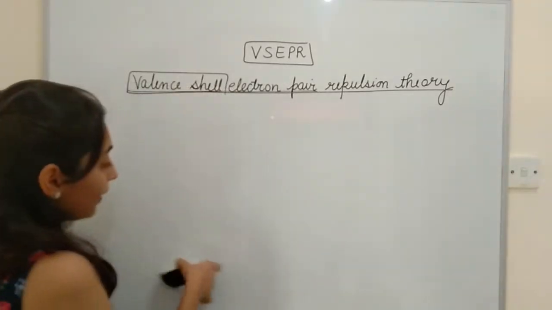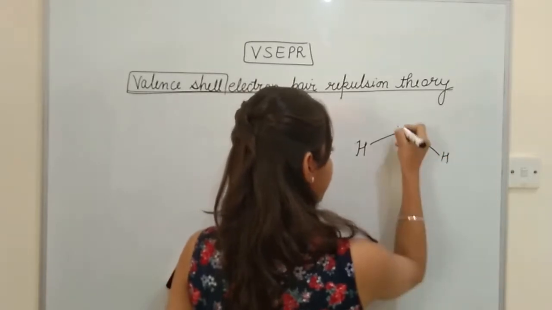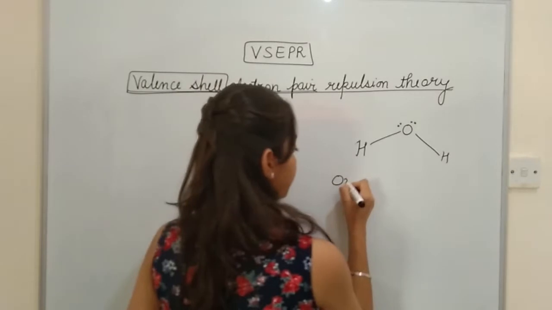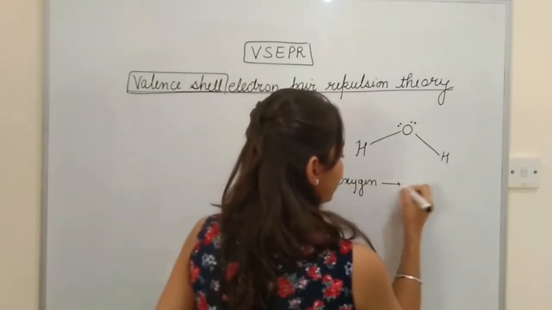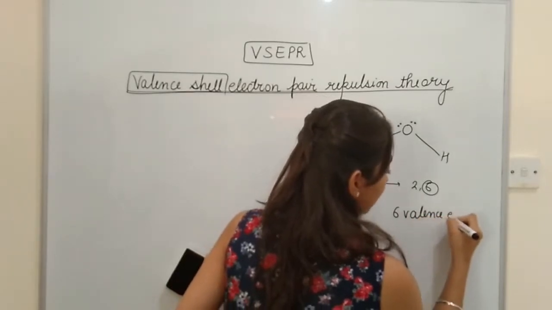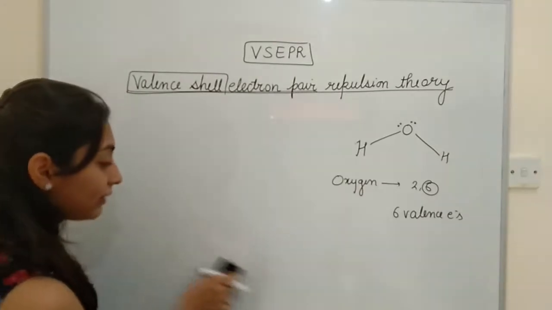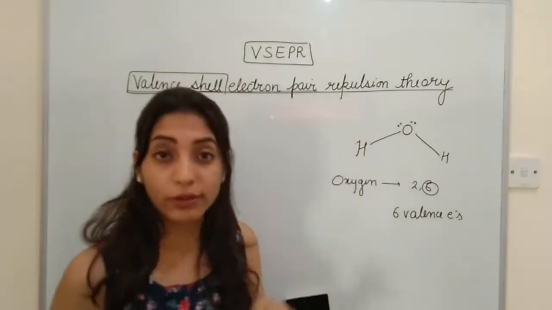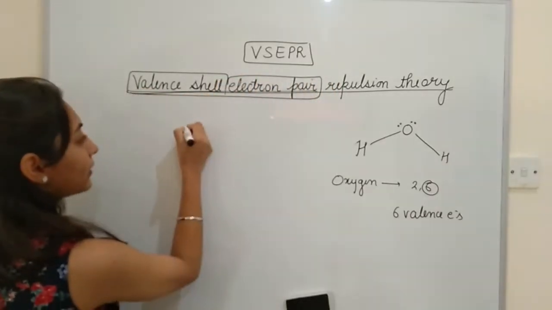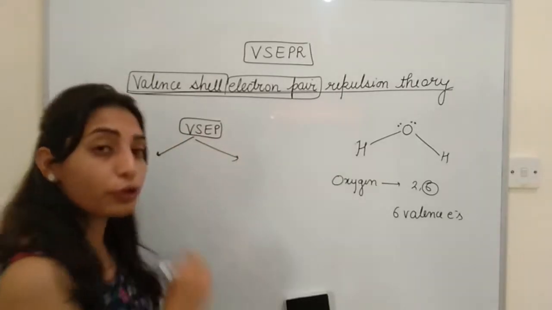Then it says, let me just draw, let us take the example of the water molecule. Now if I talk about oxygen, you know that oxygen has 2, 6, so there are 6 valence electrons. If oxygen has to form a bond, let's say with hydrogen, the theory says that the valence shell electron pairs are of two types.